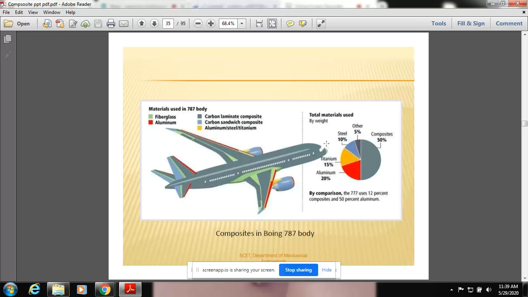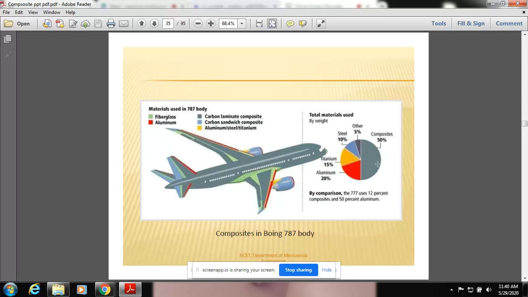What are the different materials you're going to use in this Boeing 787 body? See, it's 20% aluminum, 15% titanium, 10% steel, and 50% composite material. 50% composite material, right? Which means how advanced these composite materials are towards aerospace.